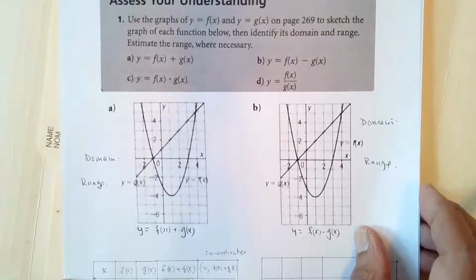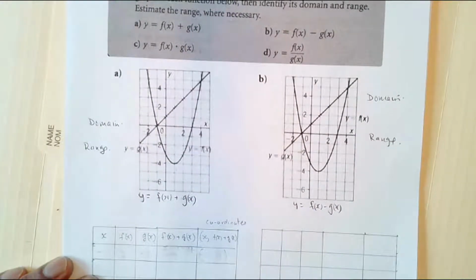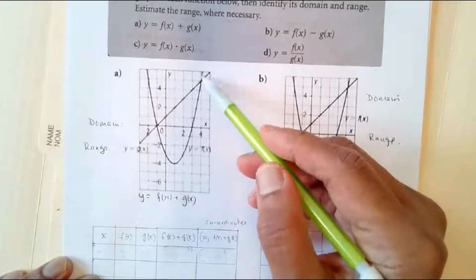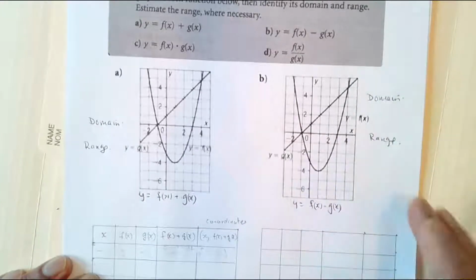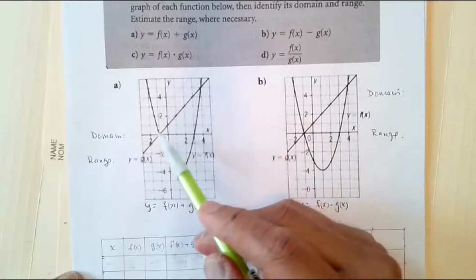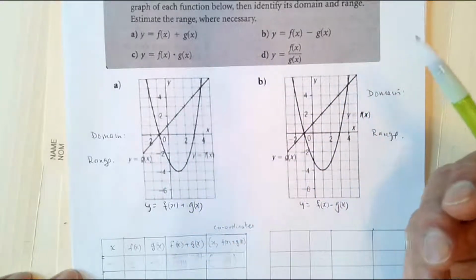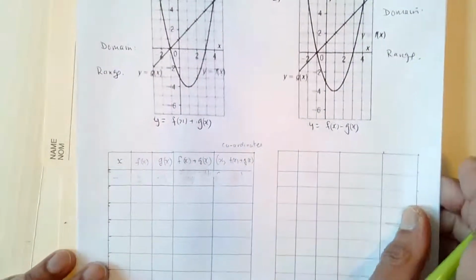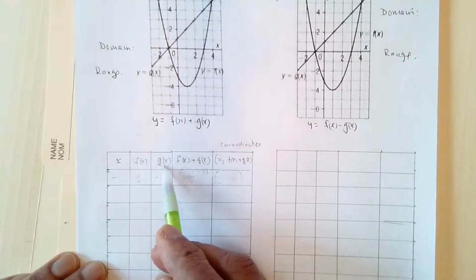So the first question asks you to find a combined graph. And here we have a parabola, which is f of x, and we have an equation, a straight line, g of x. To organize this better, you create a chart: x, f of x, g of x.